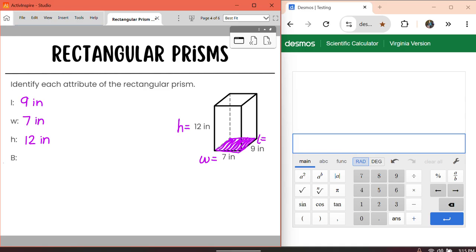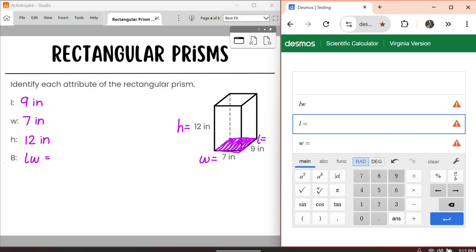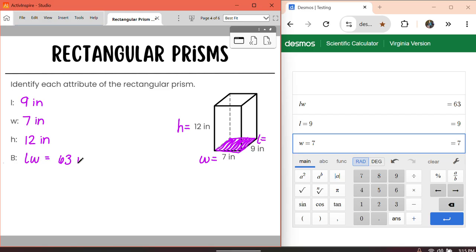If I want to find the area of that, that is a rectangle. To find the area of a rectangle, you would do length times width. So in this case, the length and the width are 9 and 7. So length times width would be 63 inches squared.